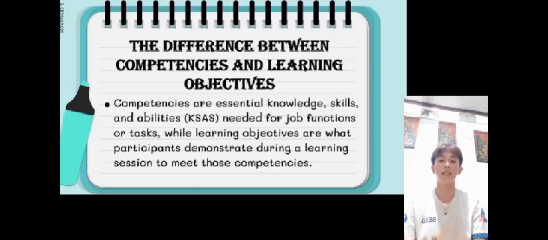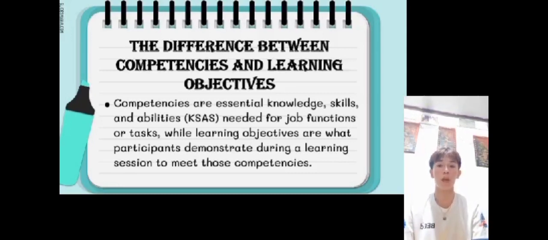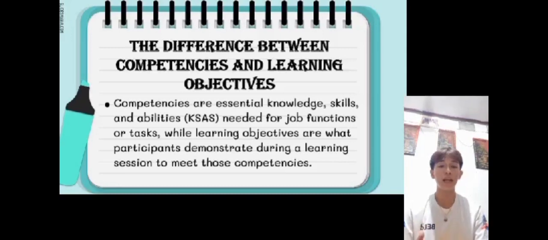So competencies is where the abilities or the knowledge of a learner is being molded and trained, while learning objectives is where they demonstrate, they show what they've learned on that certain task or what they have gained knowledge on in the discussion.